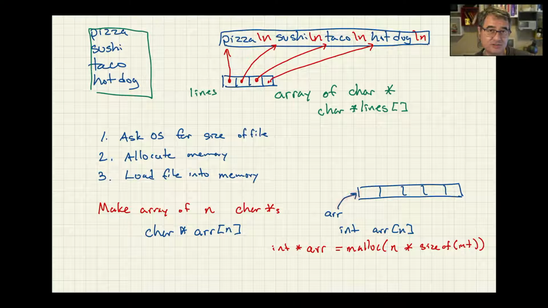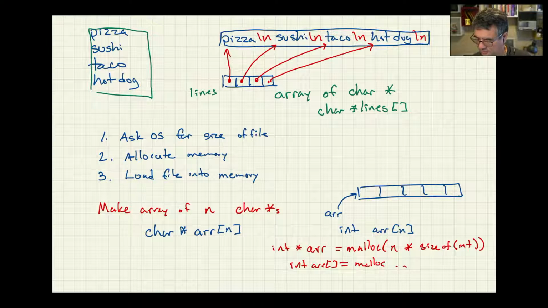It points to the first integer in the array. And then we have n of them, and each one of those boxes is the size of an integer. And I think we might also be able to do int array like this. But you don't see that as often as this one up here.